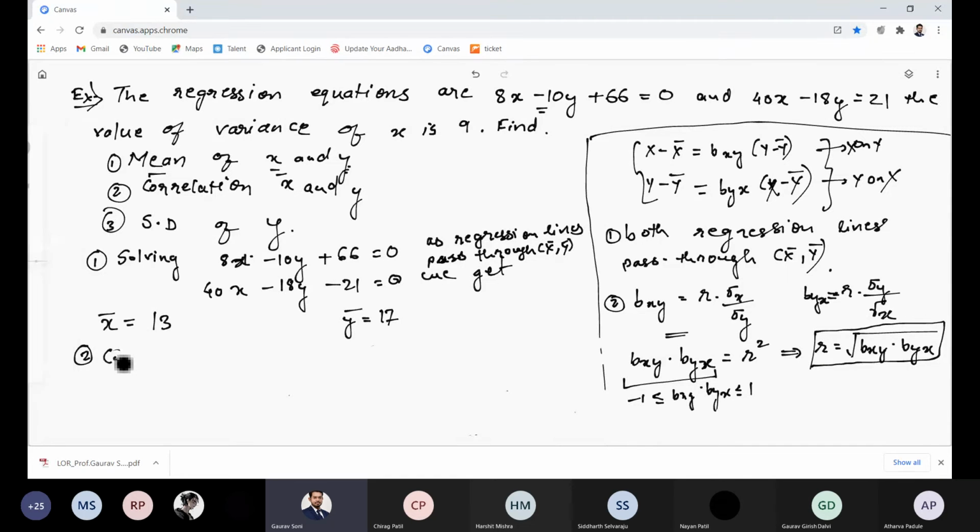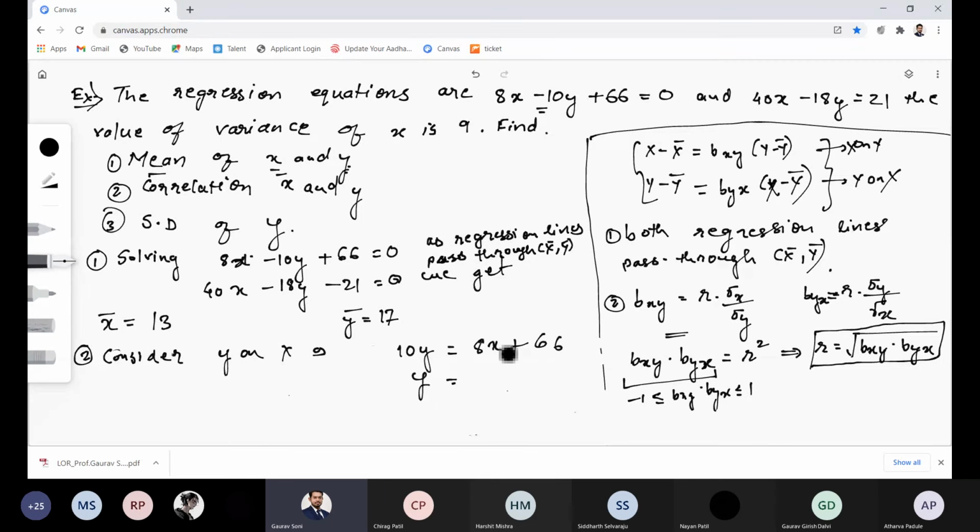So consider y on x as 10y is equal to 8x plus 66. So y is equal to 8 by 10, which is 0.8x plus 6.6.